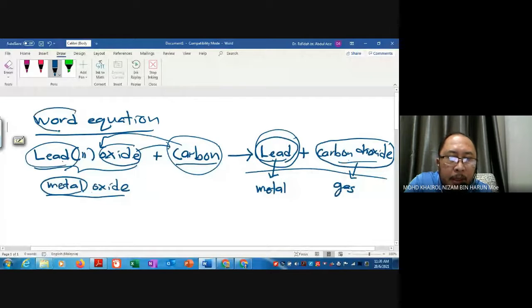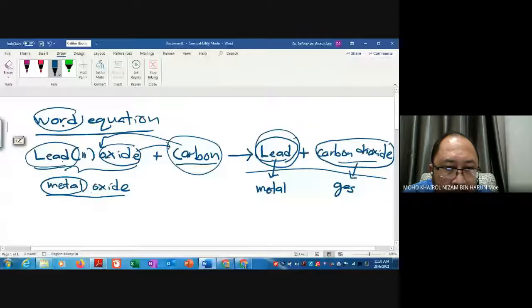Why do we put words here? You have to understand that in chemistry, in SPM, you are not required to write words. You have to change the words into symbols.